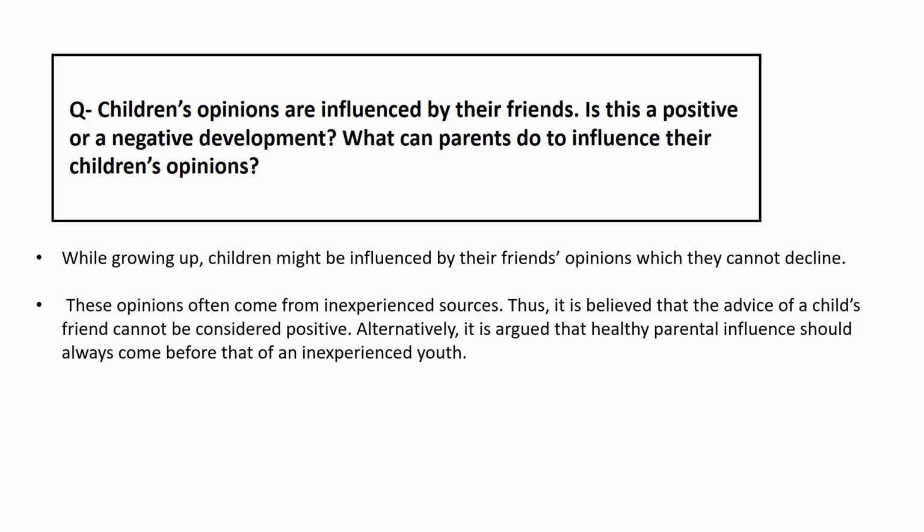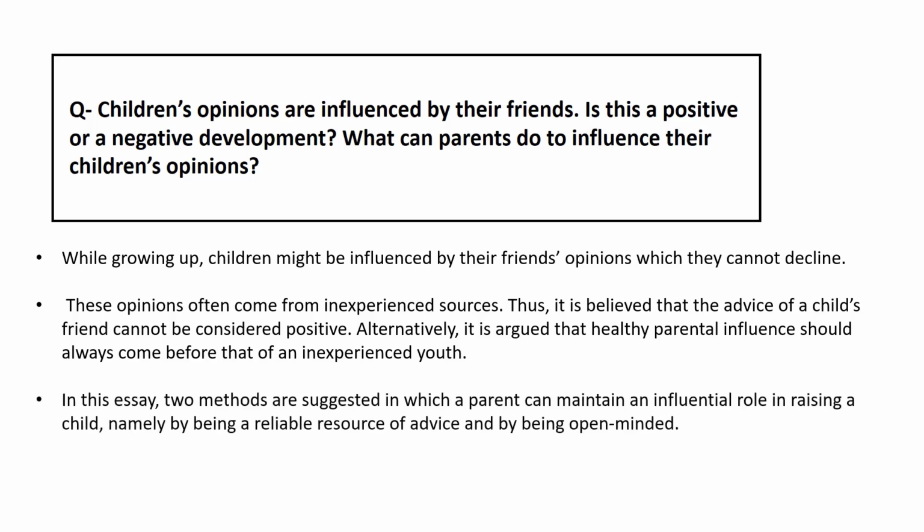Then the second question: what can parents do to influence their children's opinion? I said alternatively, it's argued that healthy parental influence should always come before that of an experienced youth. I refer to the idea that parents should give healthy influence on their children.